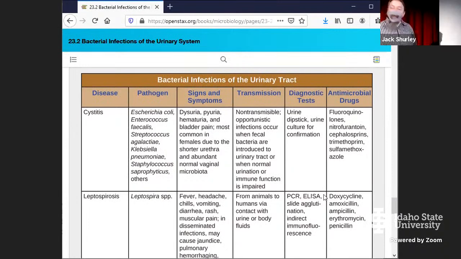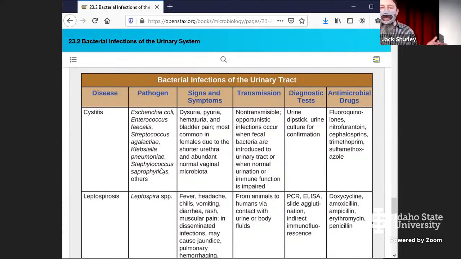So there are numerous things, all right, that set the stage for some potential issues. And again, depends on where we're talking about within the urogenital tract in the first place. So cystitis, there's a handful of different bacterial pathogens that can cause issues.